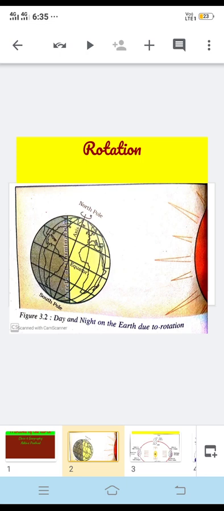So the earth receives light from the sun. You can see in the picture the earth is spherical in shape, and it is a little bit tilted, not straight.